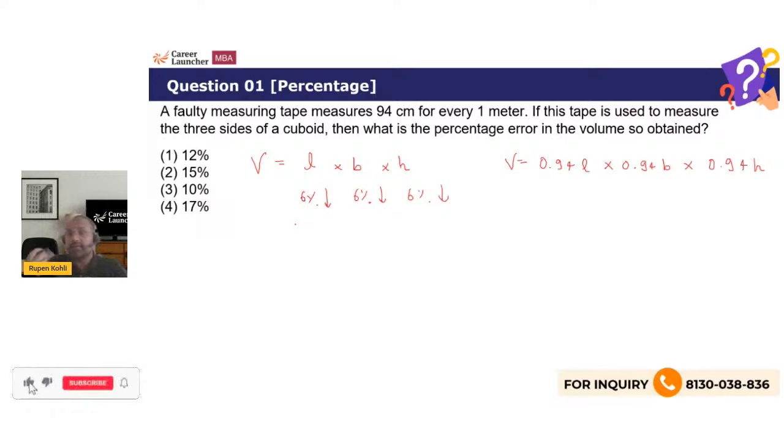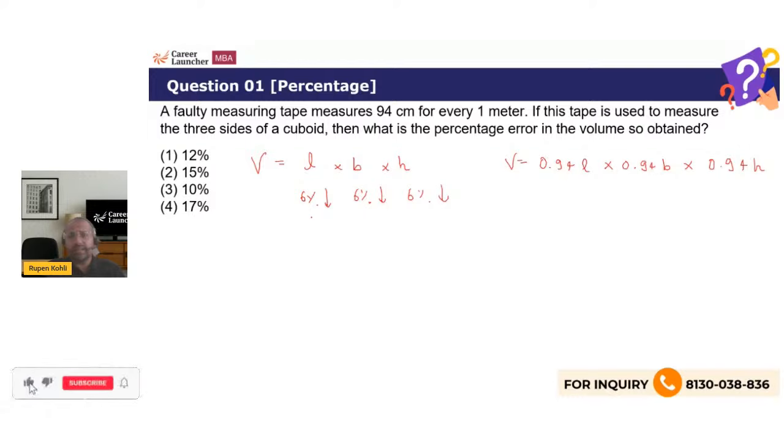But if you don't have a calculator, then what? Because SNAP does not give a calculator, we have to do this manually. The reason I have put this question is that SNAP has in the past given us questions which are a little calculation intensive. So here we have to do 0.94 into 0.94 into 0.94.